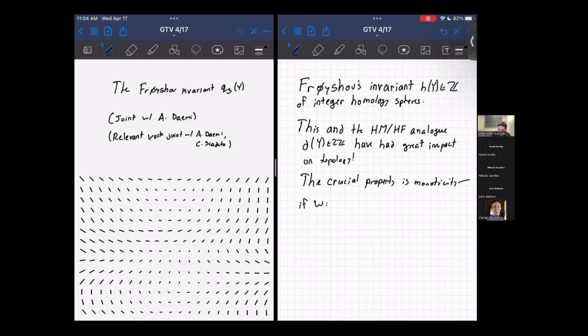If I have a negative definite cobordism, here with no constraints on the first homology, between two integer homology spheres, then the h invariant cannot decrease as I go from the incoming end to the outgoing end of the cobordism.